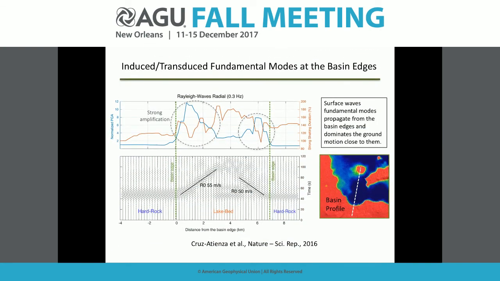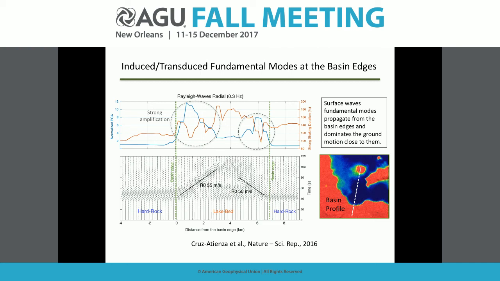Here I'm showing you the last slide, where from that simulation I just showed you, we took a section and show the seismograms, and we clearly see the edges of the basin, and how from the edges there's a fundamental mode, Rayleigh waves propagating very slowly.